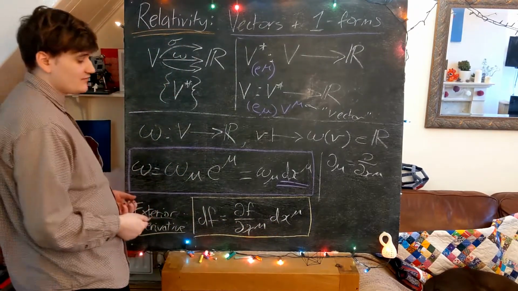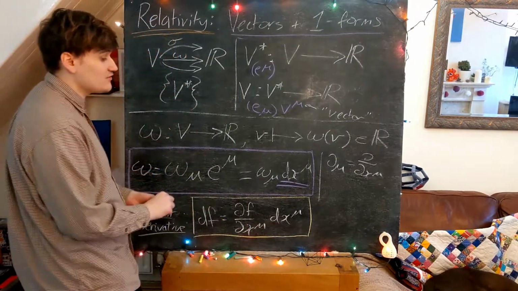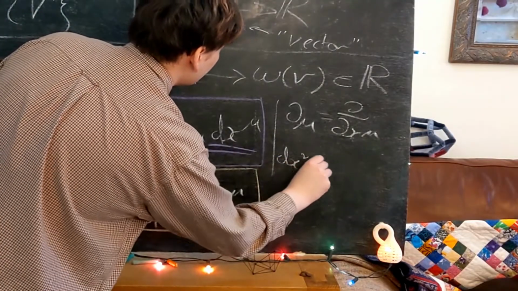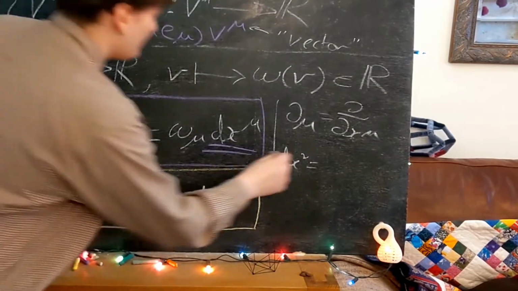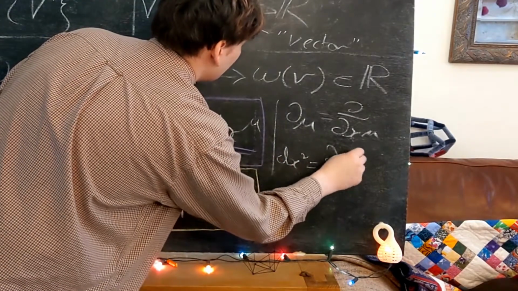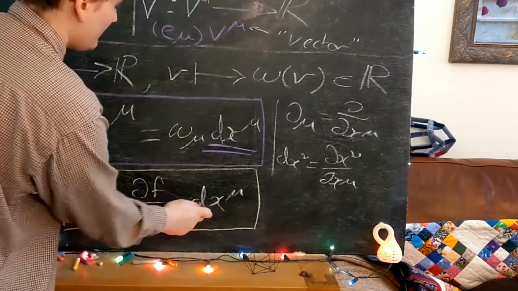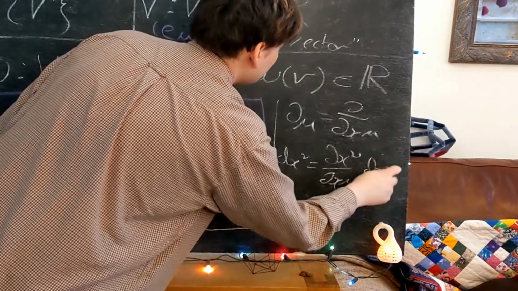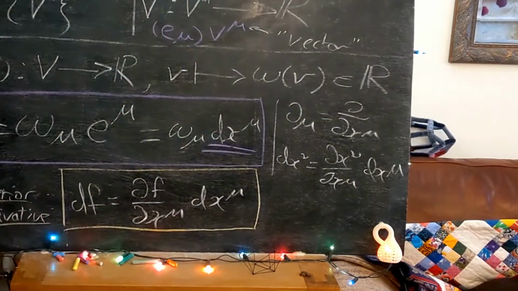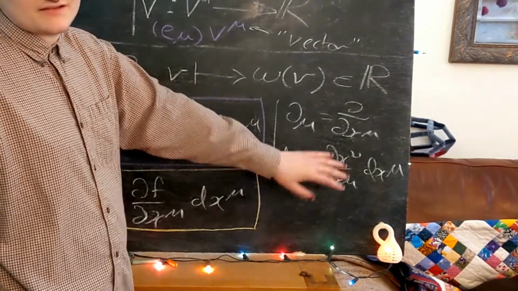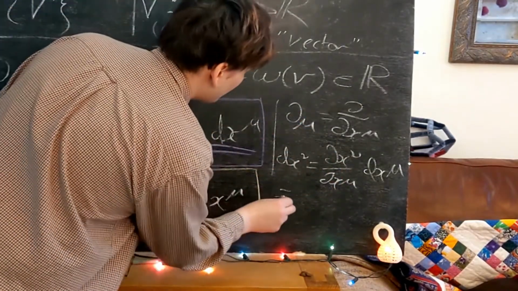F is now not x mu but just x nu, so if we just say dx nu, this is going to be dx nu by dx mu, and then again our one form basis dx mu. Now this might look a little bit trivial, but essentially this is just going to give us a Kronecker delta.